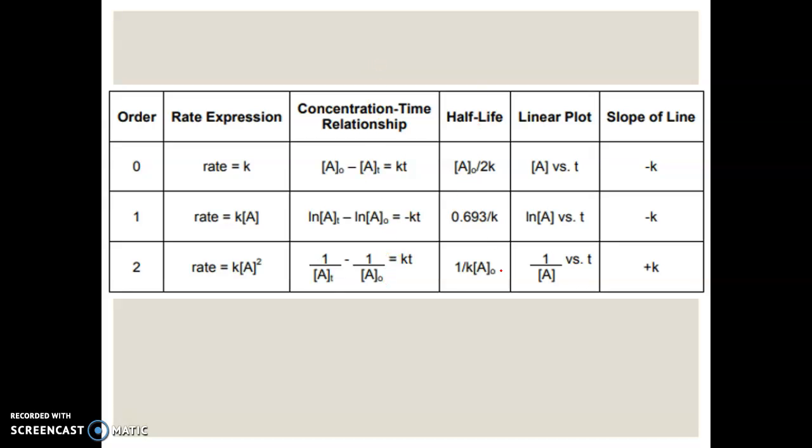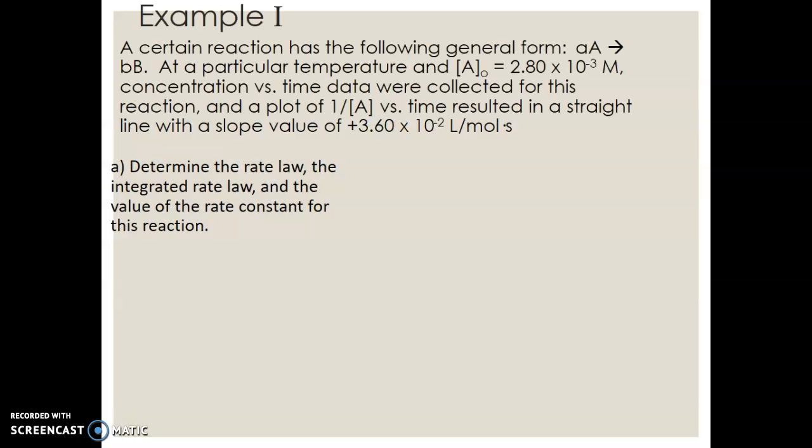And then the half-life: for first order, it's 0.693 divided by the rate constant. For second order, it's 1 over the rate constant times the initial concentration. And then you can also see what the linear plot is. And the slope of the line for zero order is negative K, first order, negative K, and then second order is your only positive slope for your straight line plots.